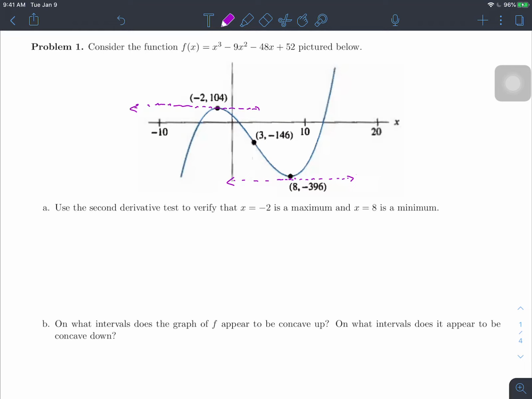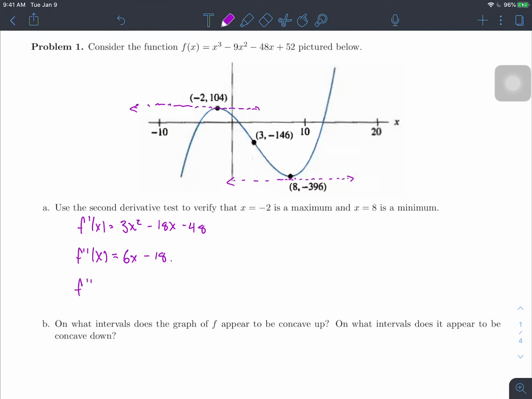So let's do it. If we have f prime of x equals 3x squared minus 18x minus 48, then f double prime of x will be the derivative of that, which will be 6x minus 18.